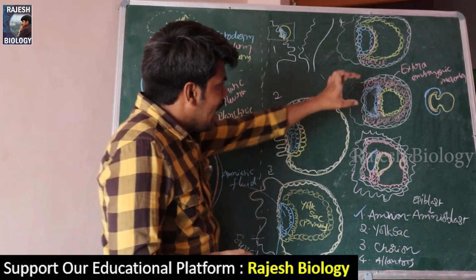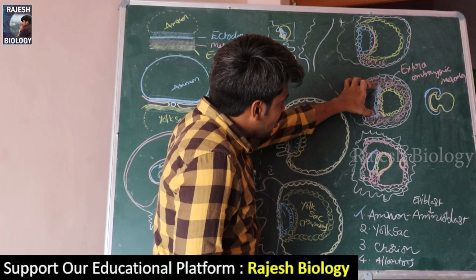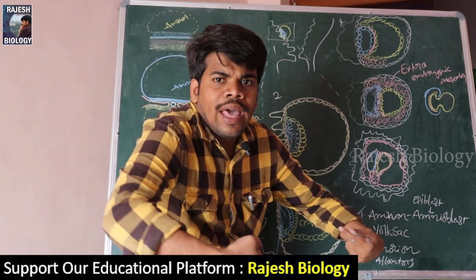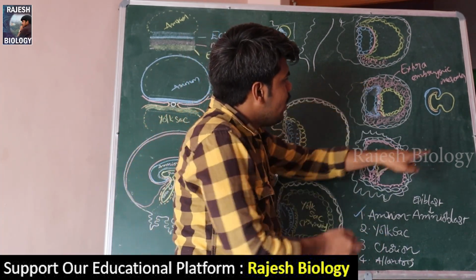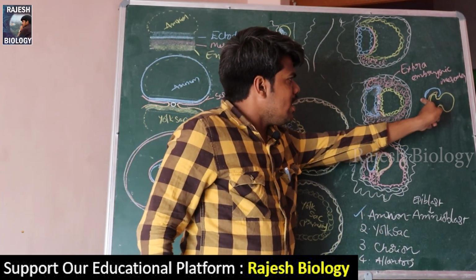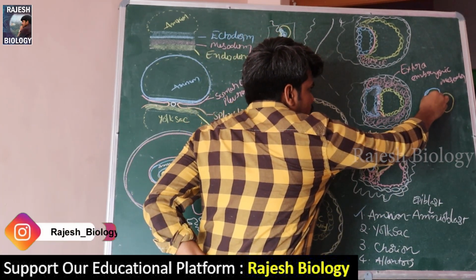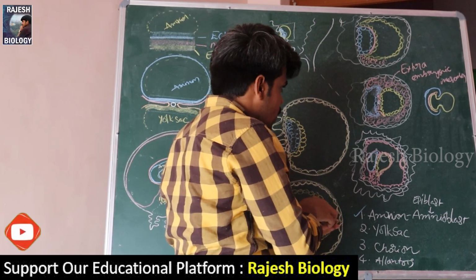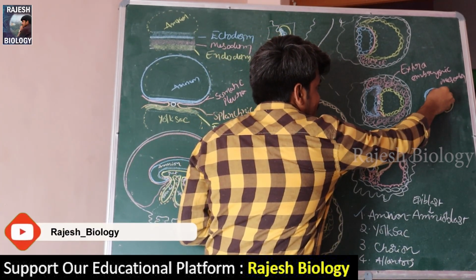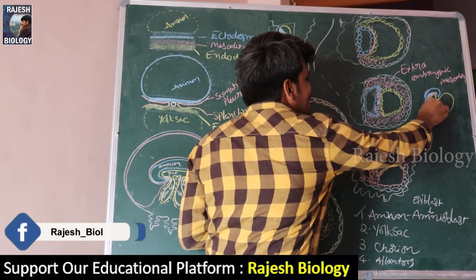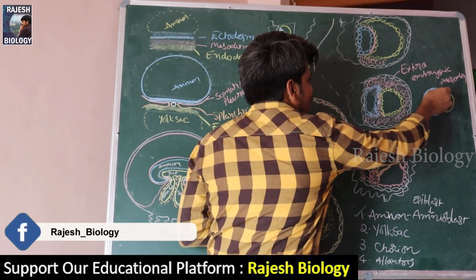Okay. Now later, gradually this amniotic cavity increases in space and it gets folded like this. When it is folded, this yolk sac enters into this amniotic cavity along with the mesoderm. If you observe this, it is the ectoderm, it is the amniotic cavity.